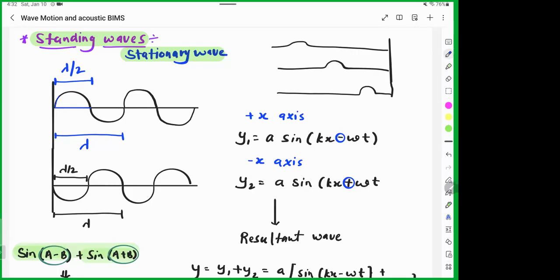For example, this is the first half, this is the second half. So in one complete wave, the wavelength is lambda. For half a wave, the wavelength will be lambda by 2. Understood.